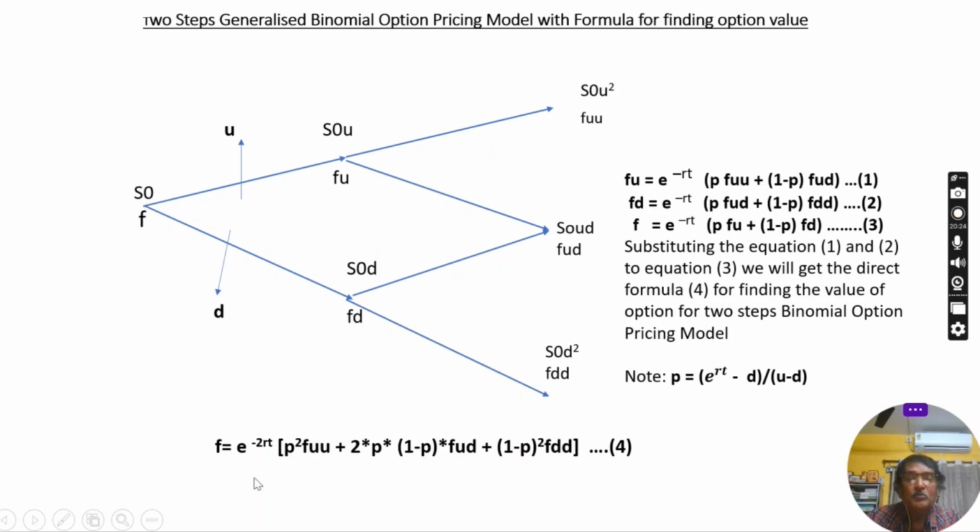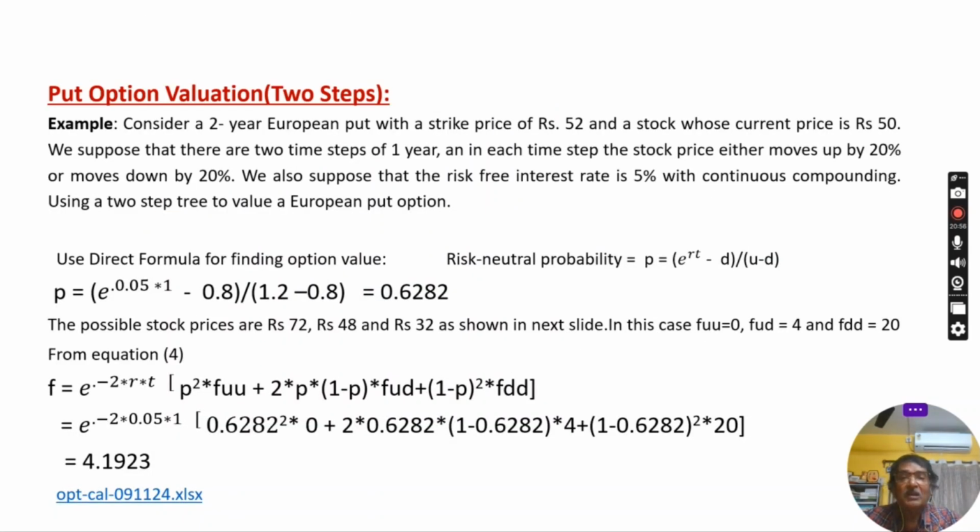For this, what is required to be computed? You have to compute the P, how it is calculated, that I have already discussed, and you put the values directly. P squared FUU means this call option value of this, plus 2 into P into 1 minus P FUD means this, and plus 1 minus P squared FDD. If you put in these values, then you can find out the call option value directly. I will show it through a different problem.